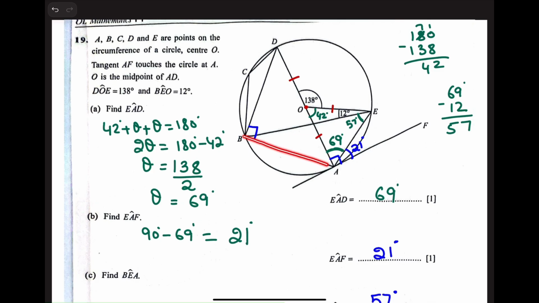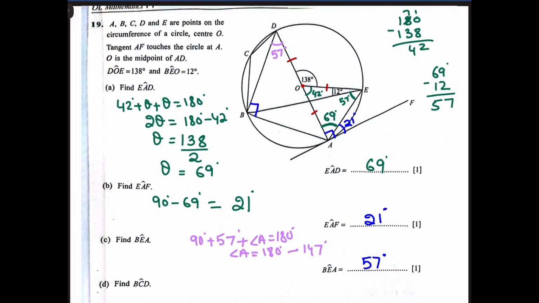So let's focus on the chord AB. The angle made by the chord AB at E is 57. And the chord AB is making another angle at the circumference at D. So this is also going to be 57, right? So let's mark this as 57. Okay, and they want us to find angle BCD, this angle, right?